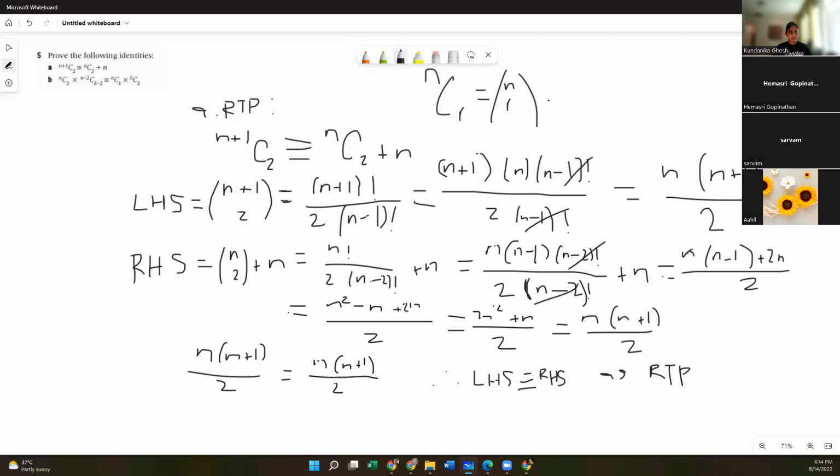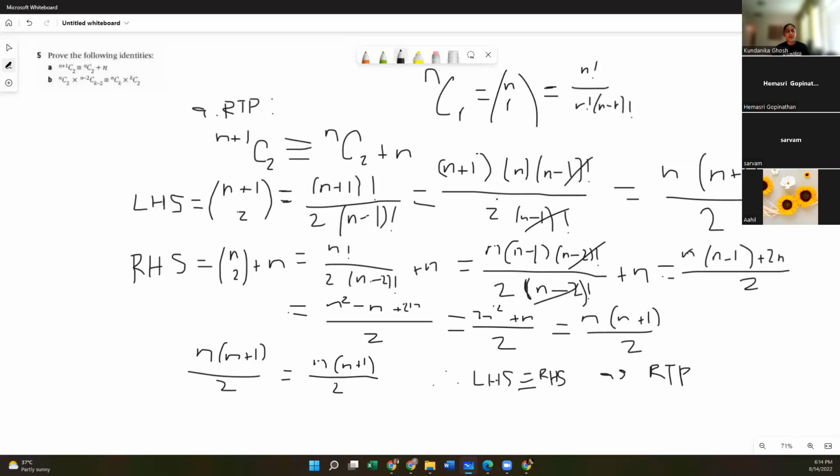Yes? Yeah. So n choose r, the equation for it, if you want to memorize the equation, is just n factorial over r factorial times n minus r factorial, which is where we got n factorial over here. N is n plus 1, so we have n plus 1 factorial over 2 factorial. 2 factorial is just 2 times 1, which is just 2, times n plus 1 minus 2, right?